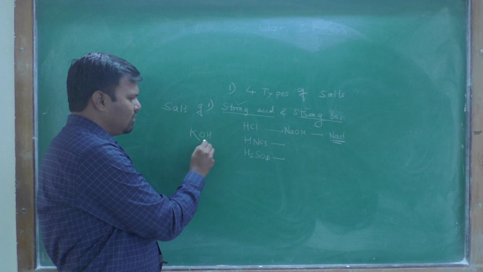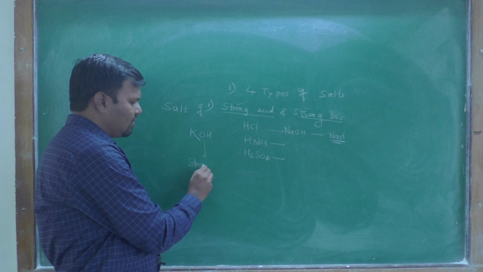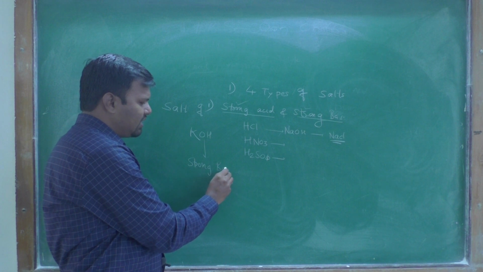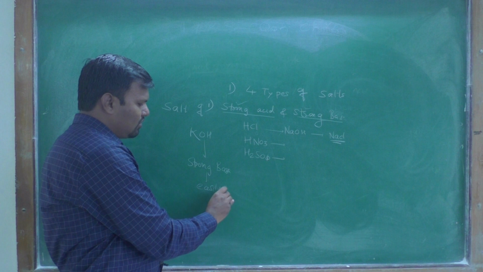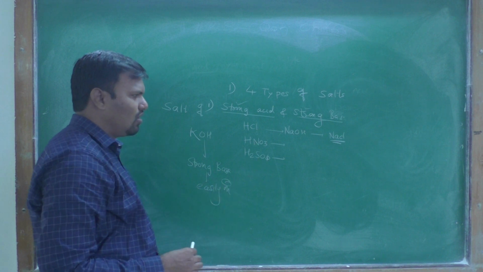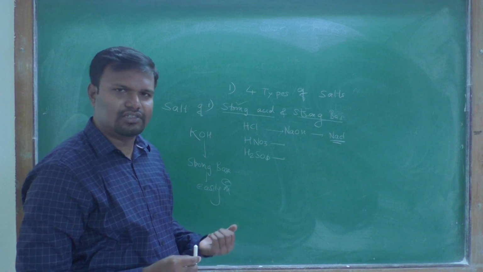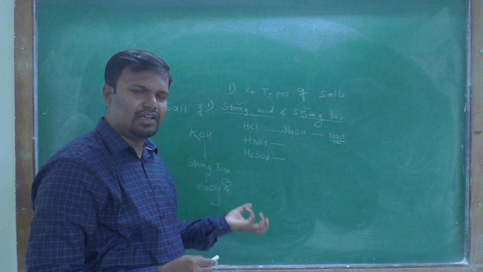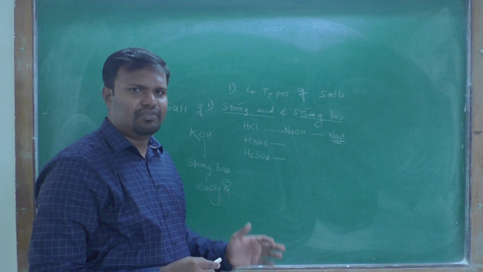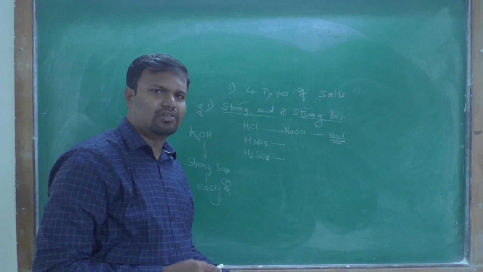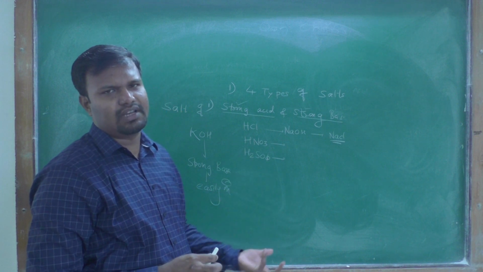Why is it called a strong base? A strong base has the tendency to easily give OH minus ions or easily accept H plus ions. We have discussed Arrhenius theory: the acid gives H plus ions and the base gives OH minus ions.